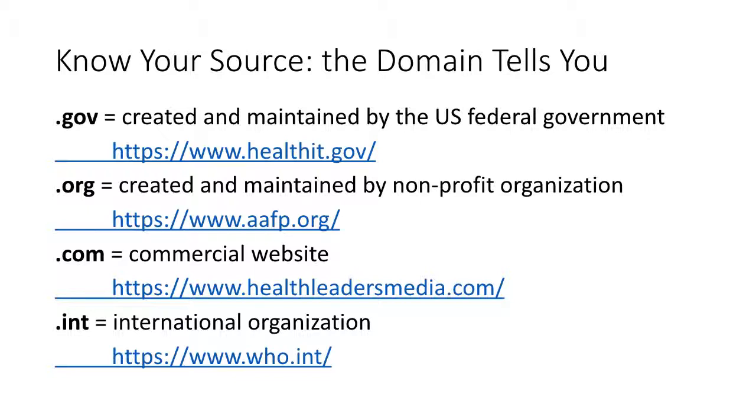However, I do want to point out to you that there are a lot of politically affiliated organizations that can have and use the .org domain. So you want to make certain that you are qualifying the expertise of the organization and not falling subject to an agenda where the information might be skewed to one perspective or the other as opposed to being factual.